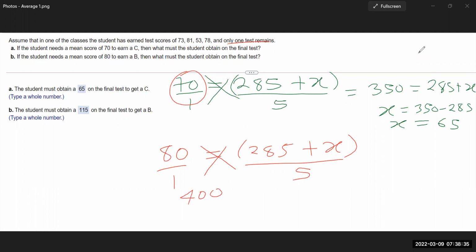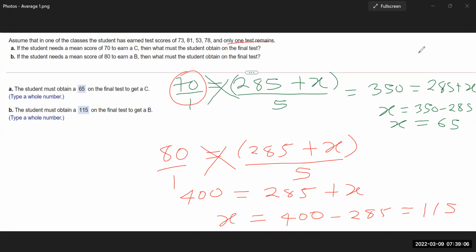So you're going to have 400 is equal to 285 plus X. To find X, you have to take 285 across the equal sign. So this becomes 400 minus 285, and the student must actually get 115 to be able to get a B in the class.